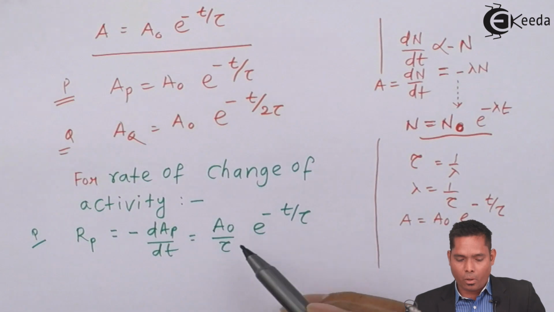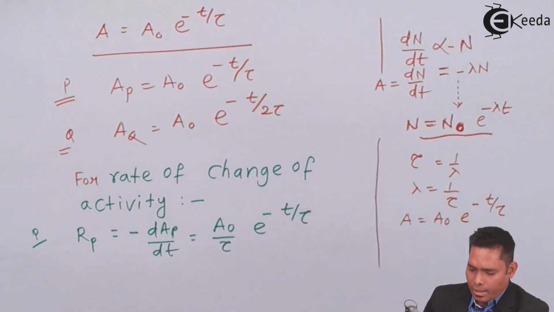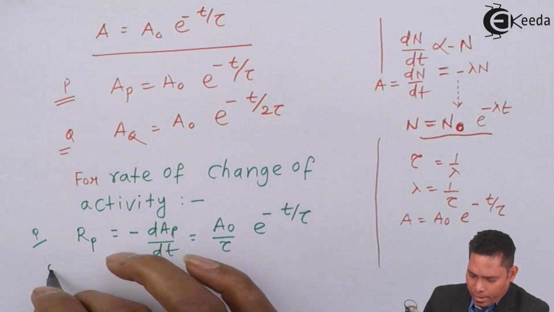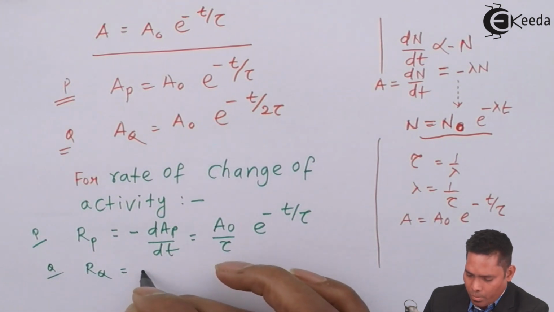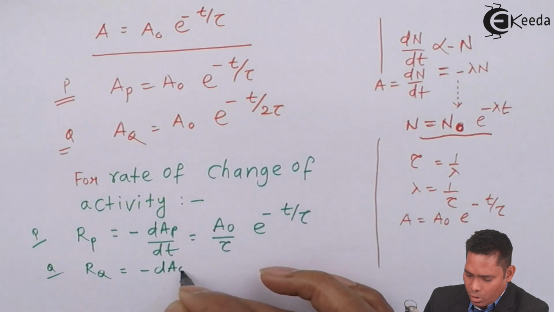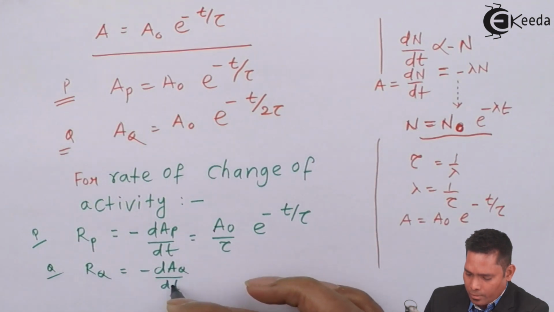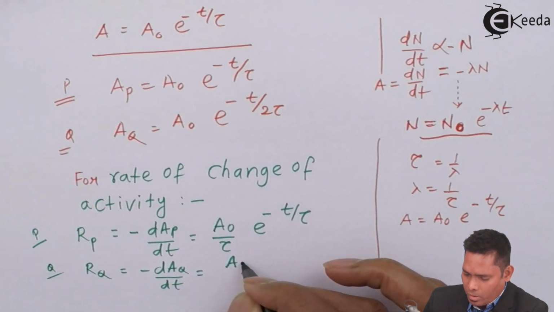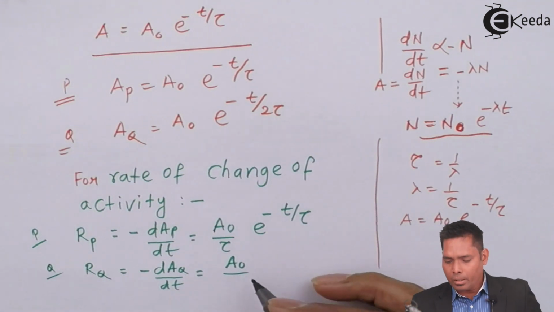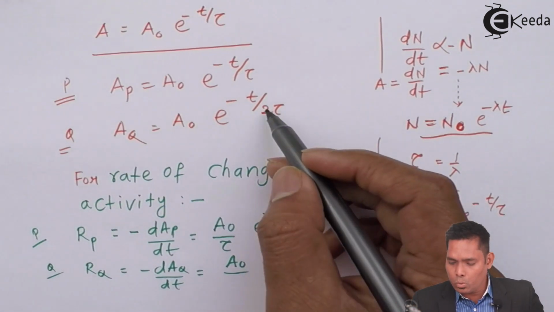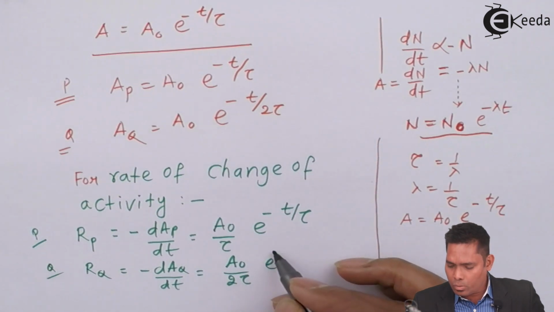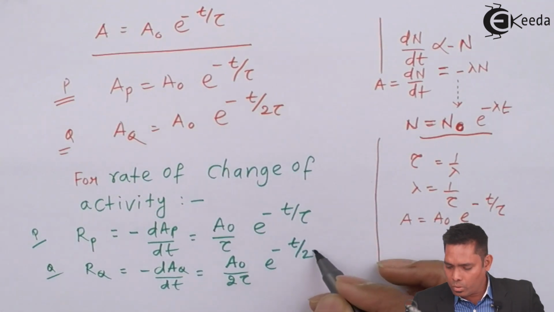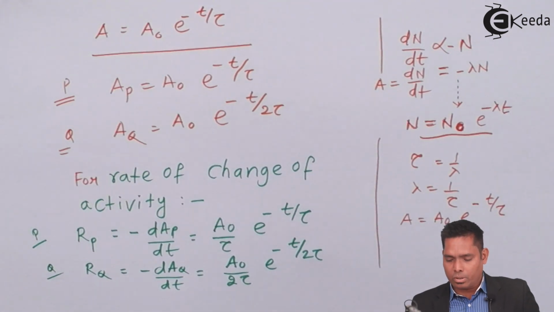Similarly, for material Q, RQ is equal to minus dAQ over dt, which is A naught by 2 tau, because 2 tau will come here, and e raised to minus t by 2 tau. These are the two equations we are getting.